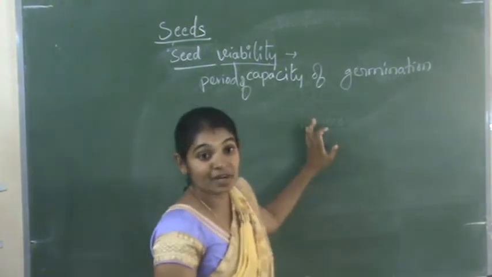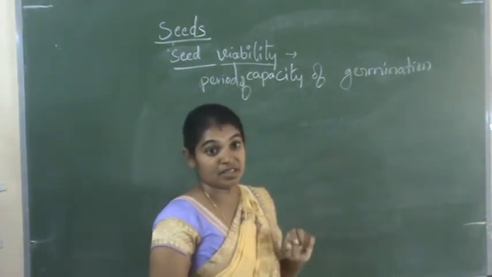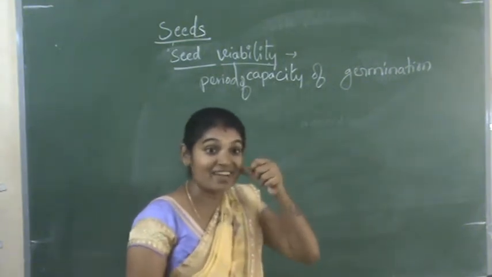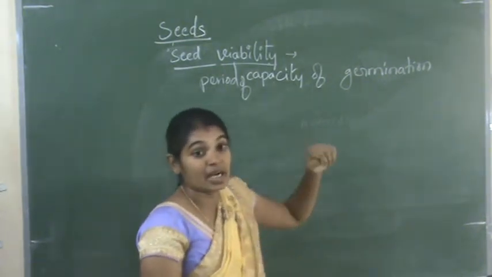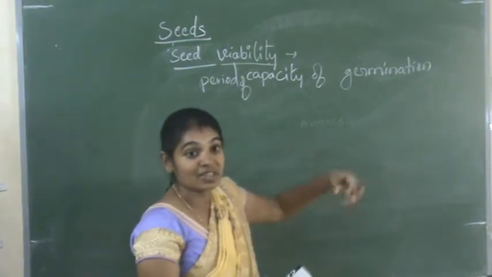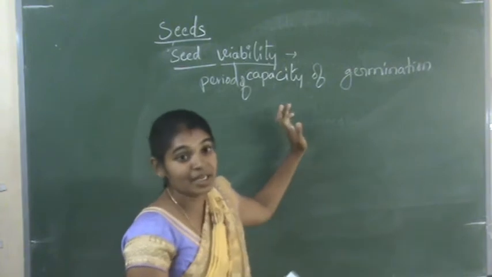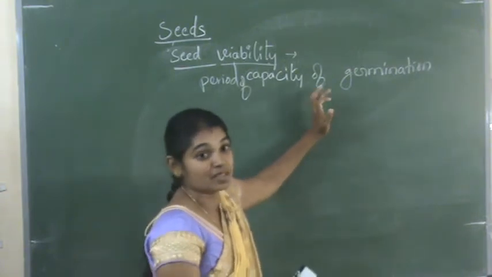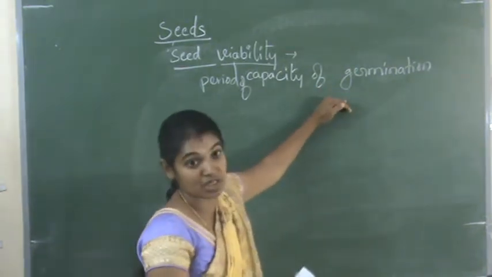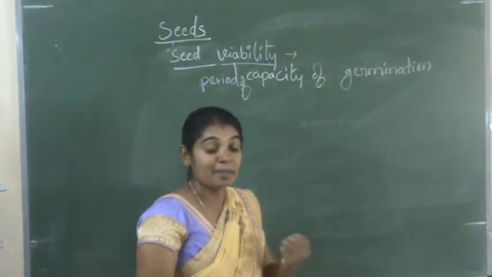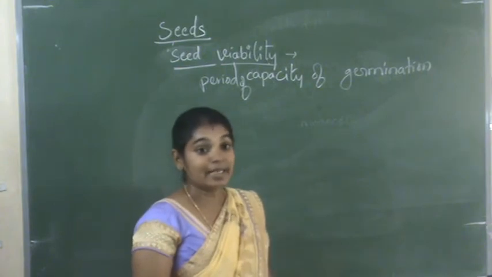When seeds are formed, they do not immediately germinate. They germinate when favorable conditions are available, when they are in contact with soil, humidity, and water. Every aspect is required for the germination of a seed. There must be some availability of water, proper soil, and temperature.